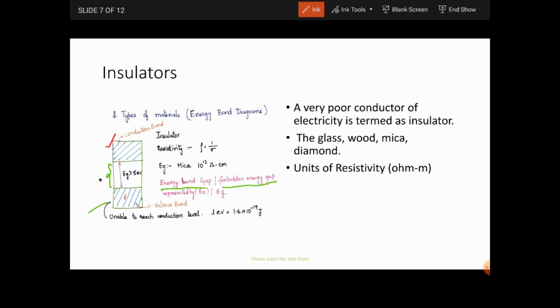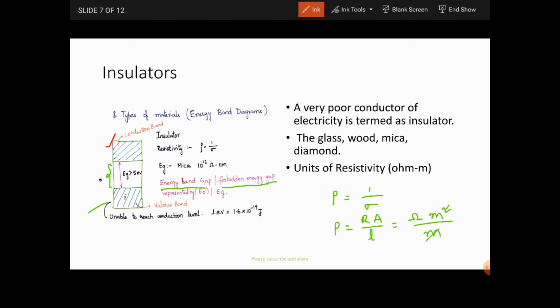And the resistivity is denoted with the letter rho. Rho is equal to 1 by sigma, which is conductivity. Rho, the resistivity, can also be written as RA by L. The units of R, the resistance, are ohms, A, area of cross section, meter square, and L, which is length, meters.